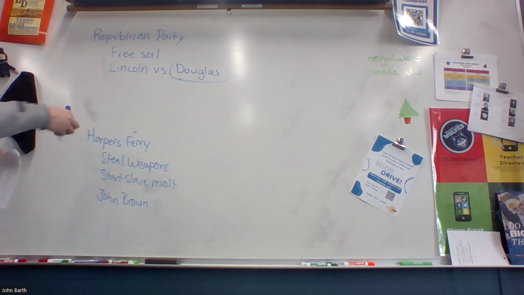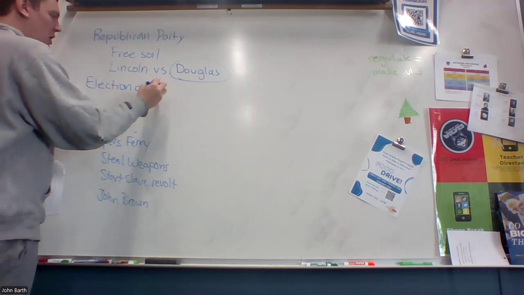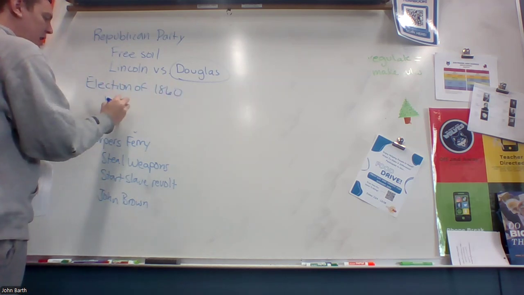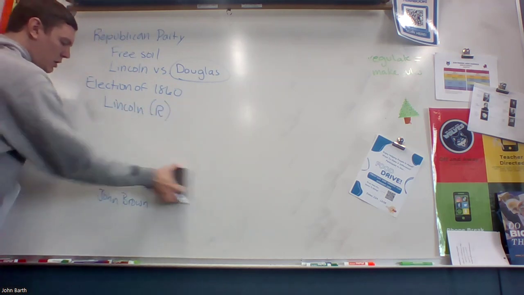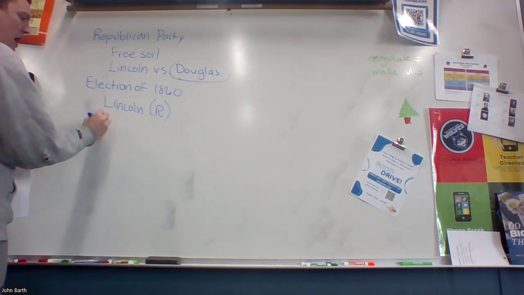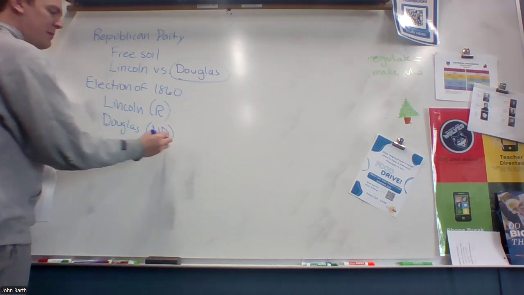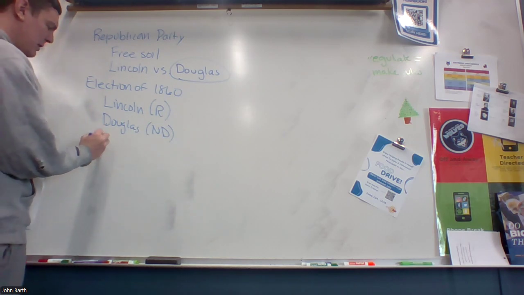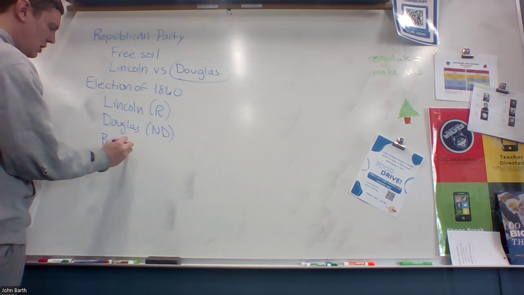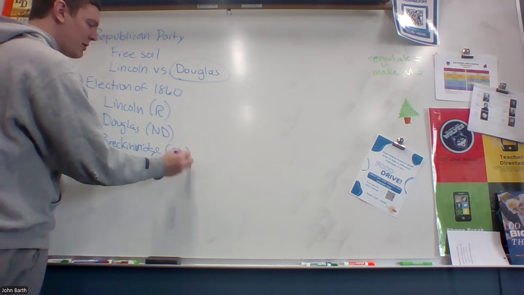For the Senate seat. And then we have the election of 1860, where we have Lincoln, the Republican. We have Douglas, the Northern Democrat. And who's the last guy? Breckinridge. We don't talk about him too much. But he's the Southern Democrat.